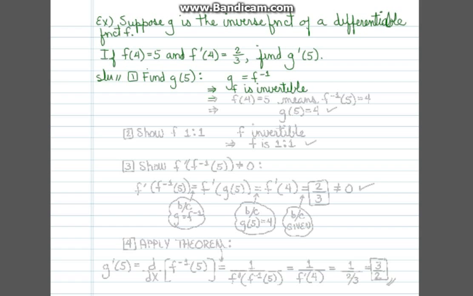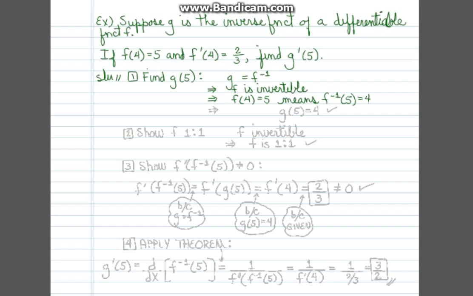Well, if we know that f is invertible, and we know that f of 4 is equal to 5, then f of 4 being equal to 5 means f inverse of 5 is equal to 4.